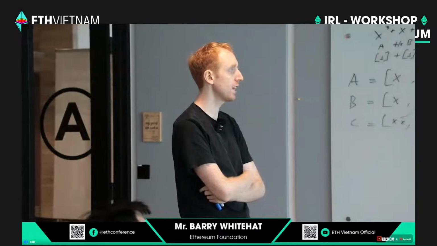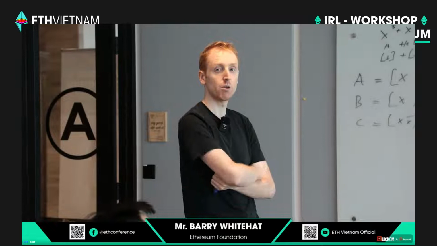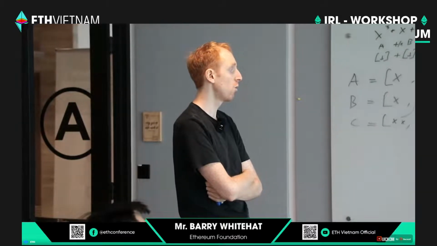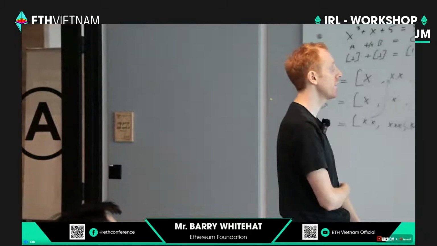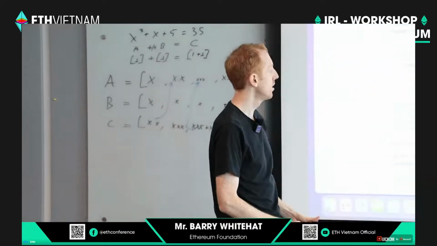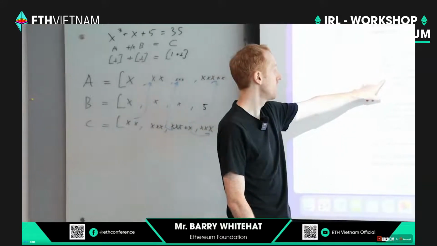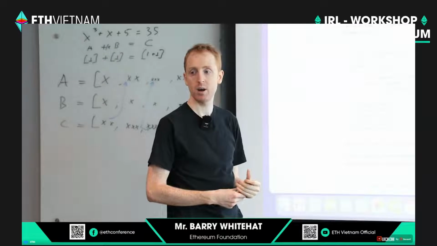So the first thing we're going to do is make some tooling about polynomials. We're going to make a function that, given a set of coefficients, evaluates that polynomial at a certain x.